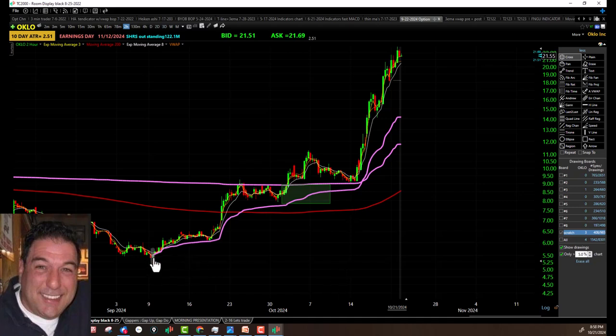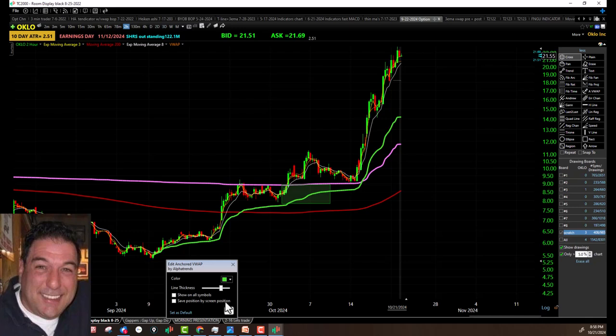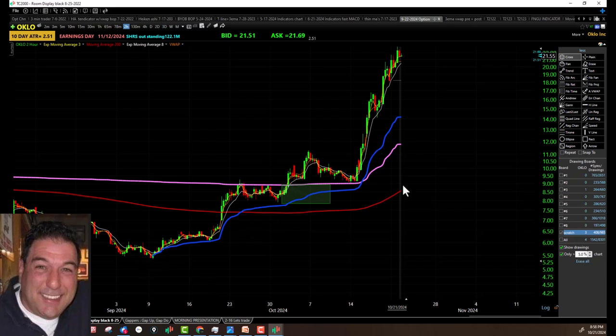See how I'll color this one different. So there's the VWAP cross right there. And then you got your rip right there.